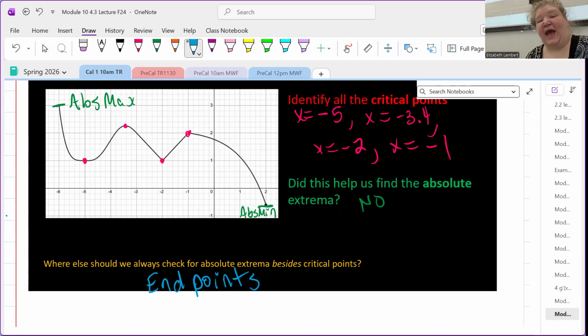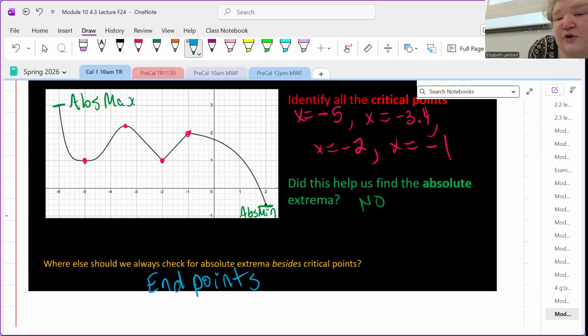So when we're looking at a graph that has a fixed interval, then we're also going to plug in those x values for where our domain is restricted when we're looking for an absolute max and an absolute min.